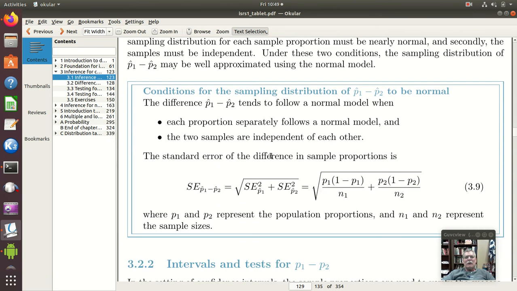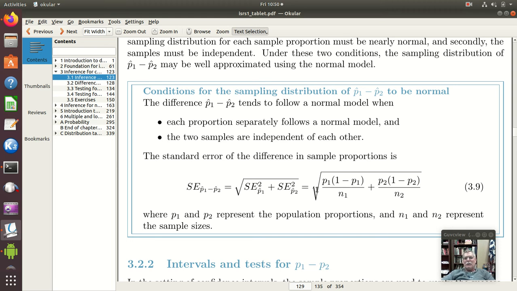So here they're saying, okay, we can calculate that standard error this way. The difference in sample proportions is, and they write it this way. And you notice it's really similar to our single sample proportions and standard errors.